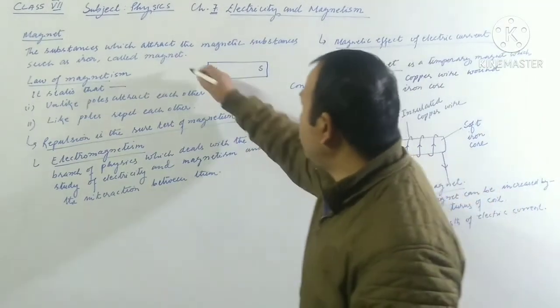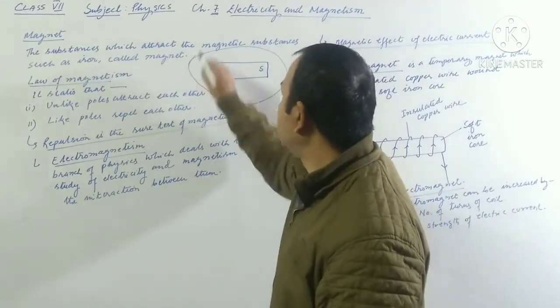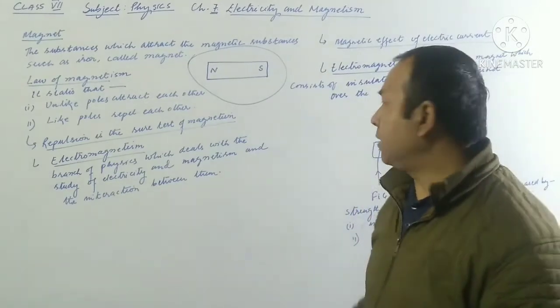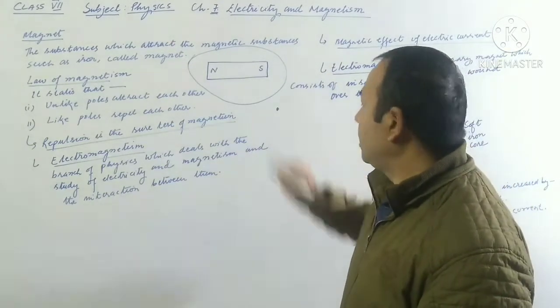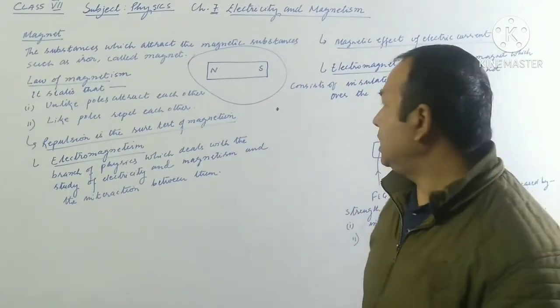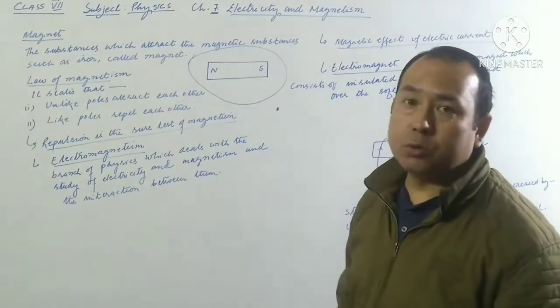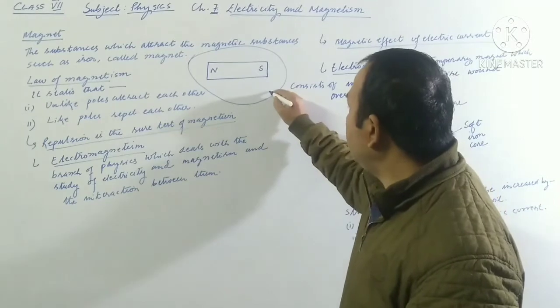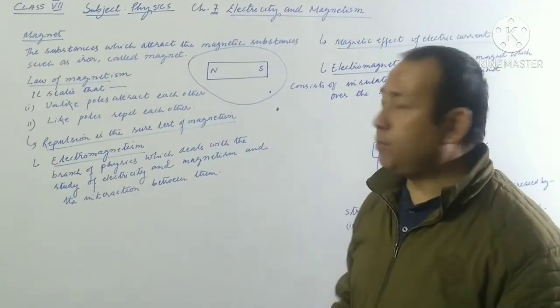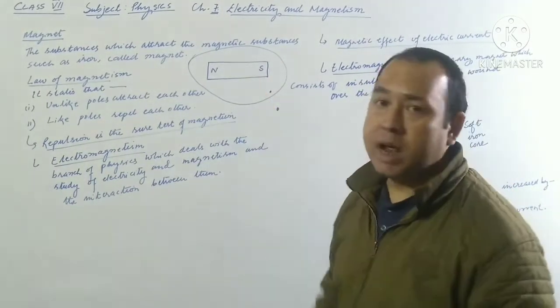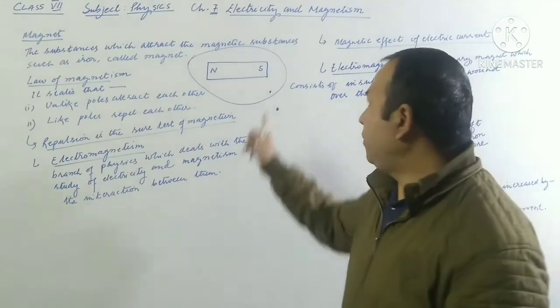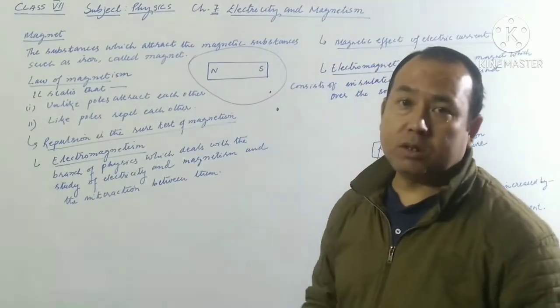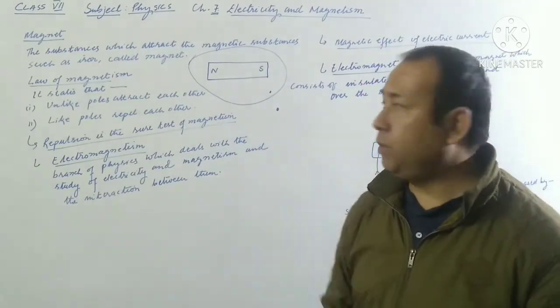Suppose the magnetic field is up to here, produced by this magnet. If you keep some magnetic substance outside, this magnet will not show any attractive property. But as it enters into its field, the magnetic substance will be attracted by the magnet. So the field around the magnet where it shows its influence is called its magnetic field.